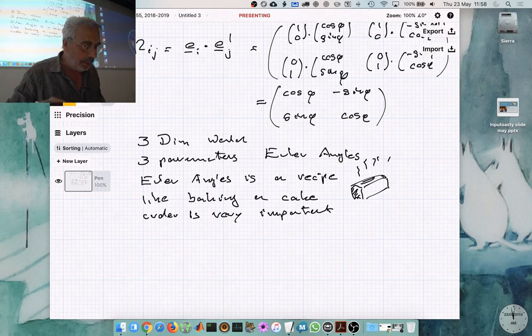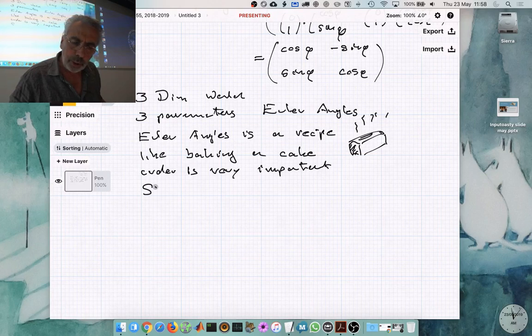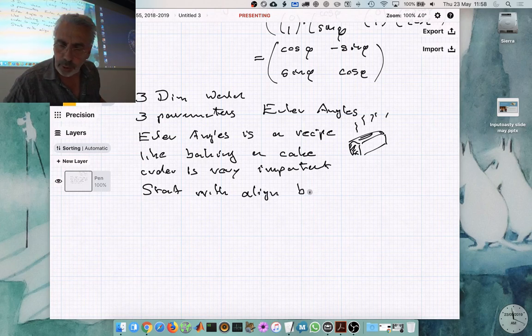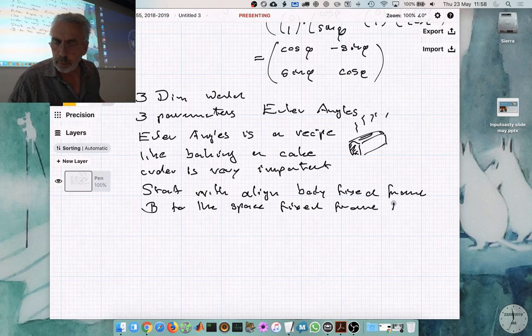So there is an order, and the same with the Euler angles. So what is the order? You start with aligning the body fixed frame, and we usually call that B, to the space fixed frame, N. So first you align everything.